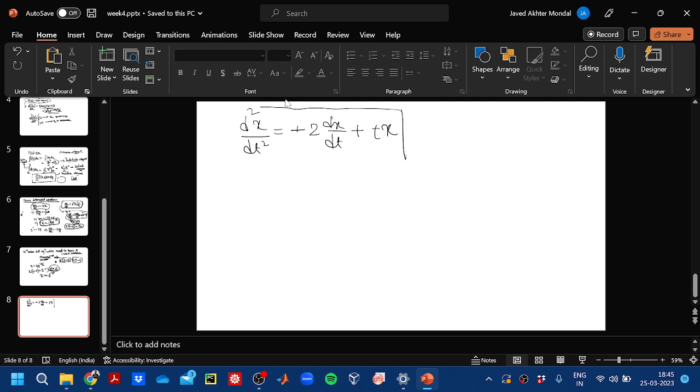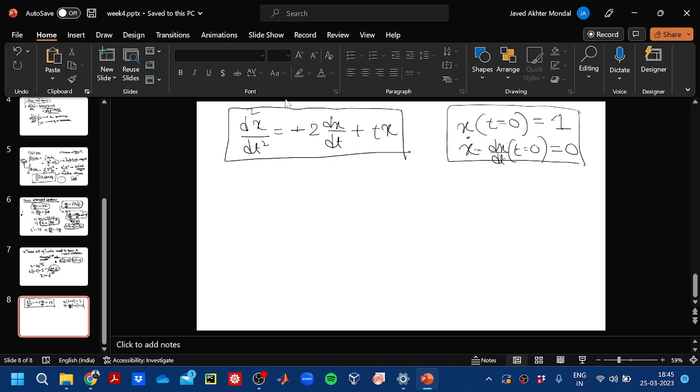So this is your given equation, and you have two initial conditions. Because this is a second order equation, you need to know two initial conditions. The first one is x at t equal to 0 is 1, and x prime, or dx/dt, at t equal to 0 is 0. So these are your given initial conditions.